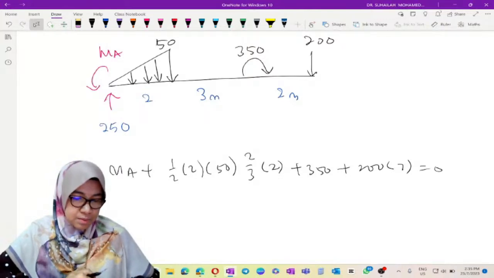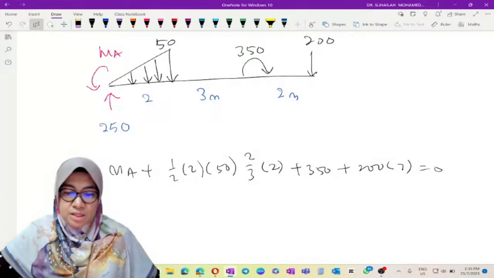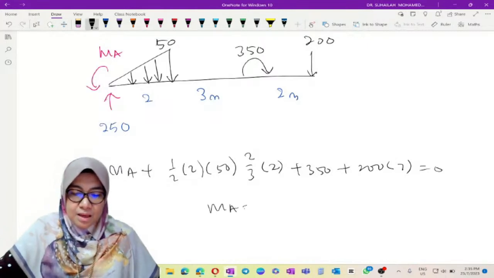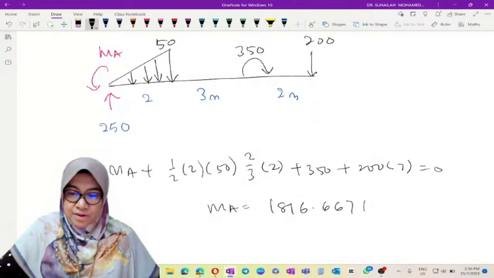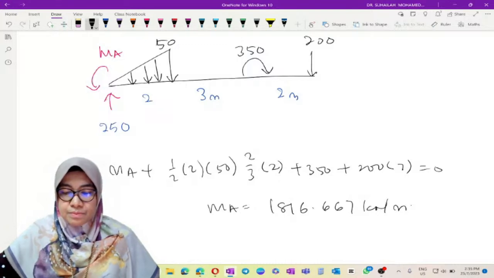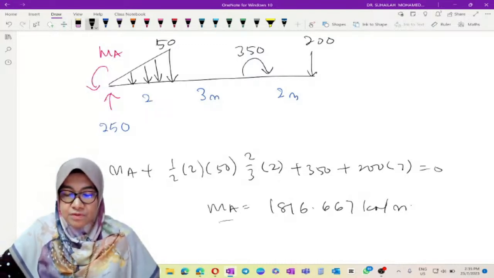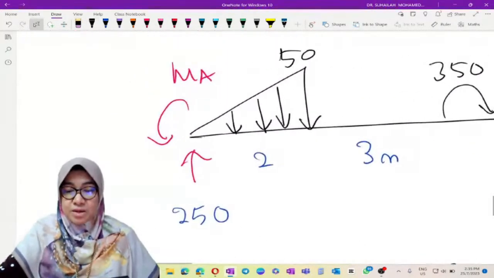plus 200 times 7, it is 1816.667. So MA is 1816.667 kilonewton meter, and it is positive. A positive value of MA means the assumed direction of moment is correct.